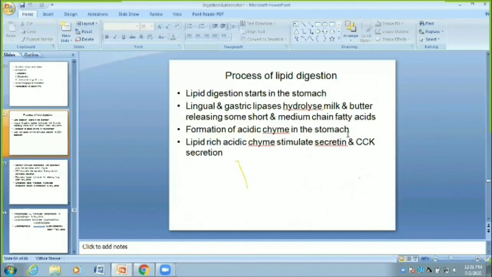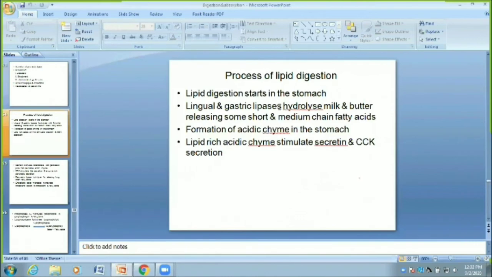It's clear. So milk is the staple food for infants, for digestion of milk, milk products or butter. The lingual and gastric lipases are important.